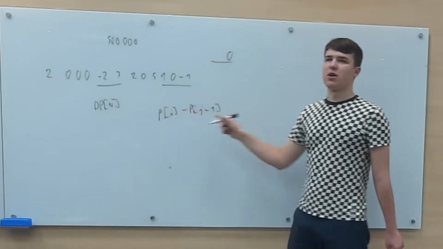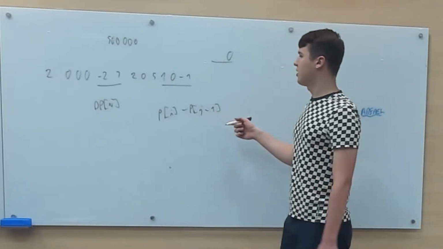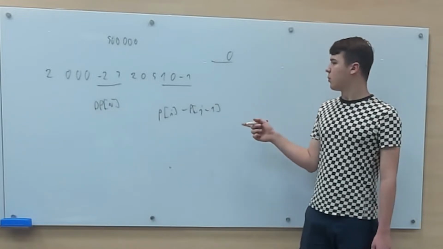This is the sum on the interval from j to i, right? So we want this expression to be non-negative.